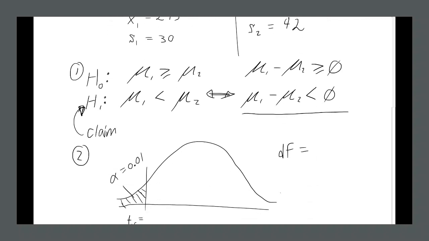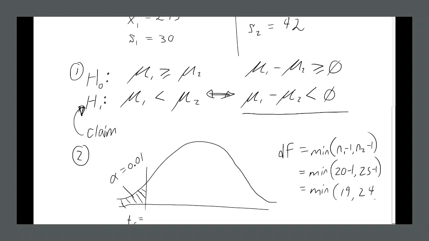So we're going to take the minimum value of n1 minus 1 and n2 minus 1. In other words, the minimum value of 20 minus 1 and 25 minus 1. So whatever's smaller between 19 and 24, and that turns out to be 19.